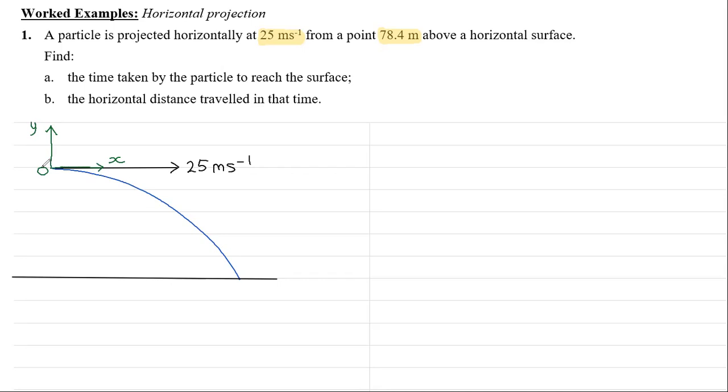So how do we solve this? We need to find the time taken for the particle to reach the surface. Well, we're going to use suvat, and we can use suvat in 2 dimensions. So for part A, let's list our suvat variables, but because we're working in 2 dimensions, we're going to do it in 2 different stages.